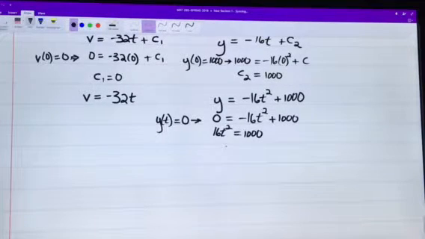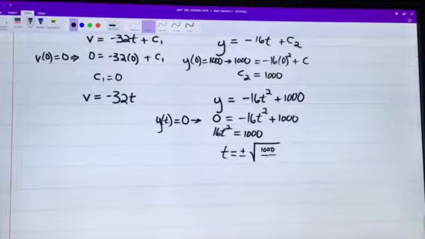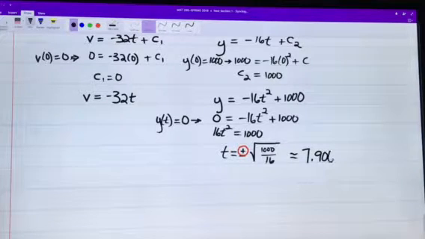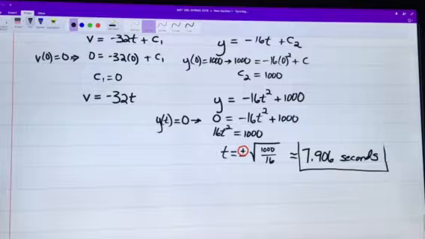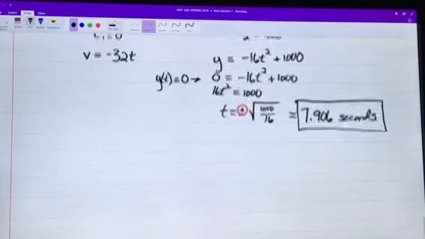Since we're looking at time, we're not interested in negative quantities, so taking the positive square root of 1,000 over 16, the amount of time is about 7.906 seconds. This is about the amount of time it's going to take for the object to strike the ground.